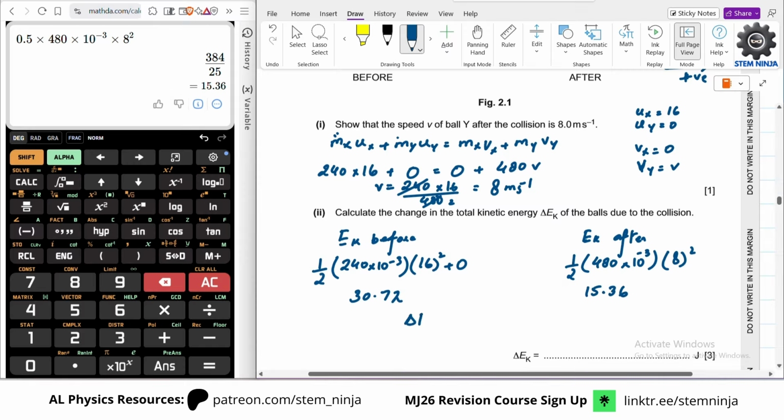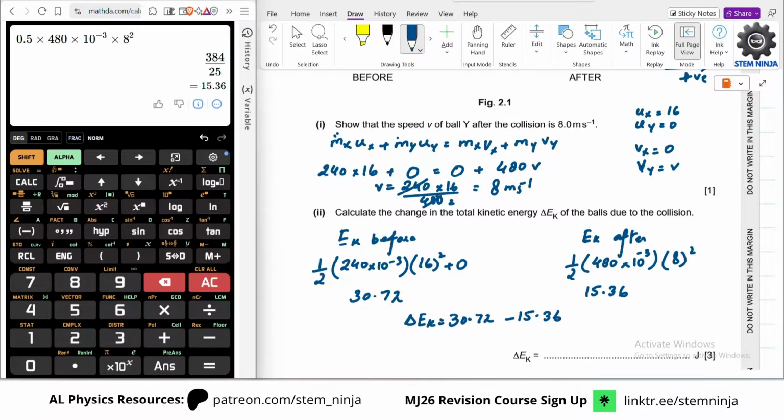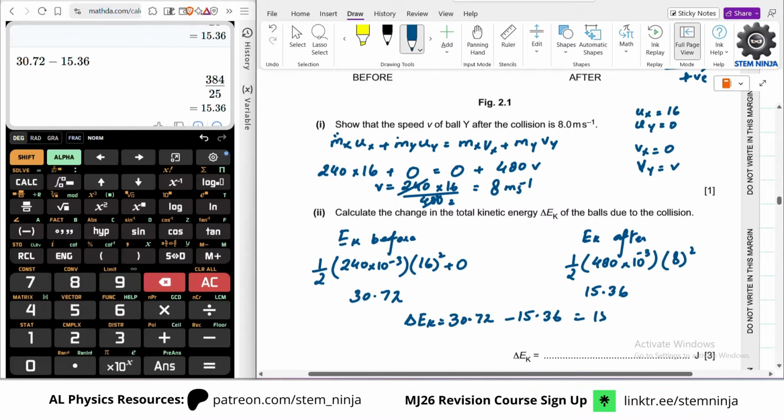Therefore change in EK would be 30.72 minus 15.36, which is 15.36 itself. So we will say that this is just 15 joules.